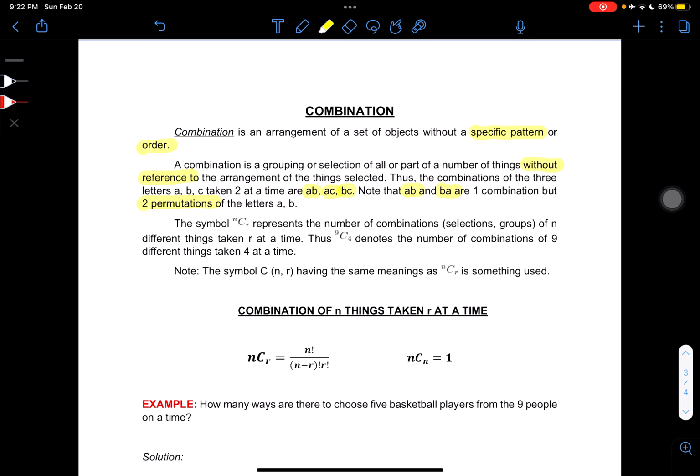The symbol nCr represents the number of combinations for selections or groups.